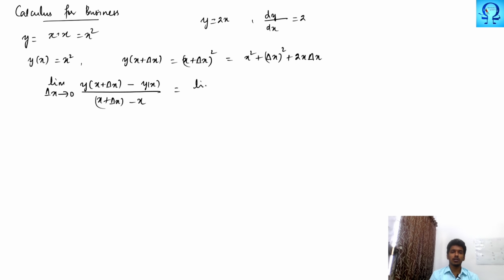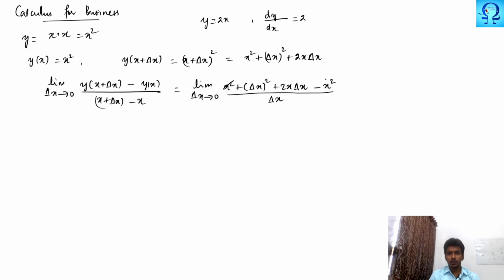So this will be: limit delta x approaches 0, x square plus delta x whole square plus 2x delta x minus x square. So this is our y of x plus delta x value, and this is our x square value, upon, in the denominator, x and x get cancelled, we have delta x, right?